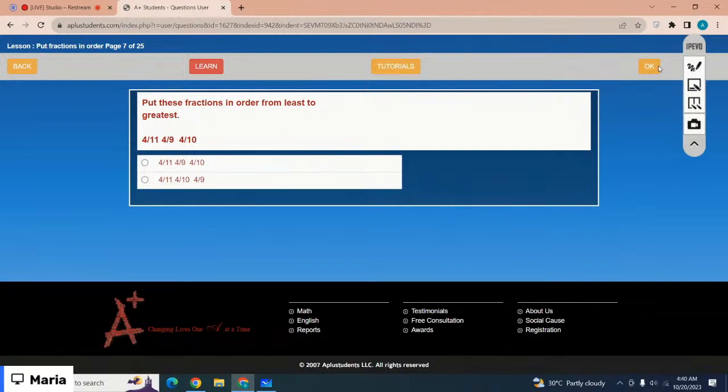Least to greatest. Yes, that is 4 by 11, 4 by 10, and 4 by 9. Second option is the correct option.